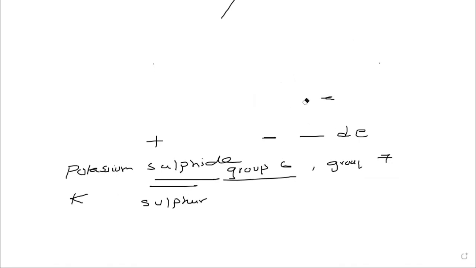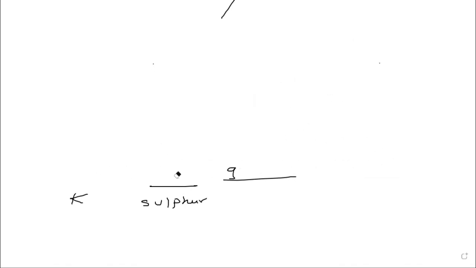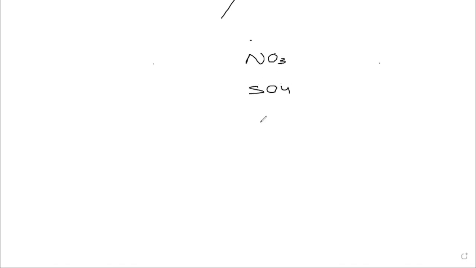But sometimes in the chemical formula, there are radicals. When they come at the end of the formula, their name will end in ATE: nitrate, sulfate, carbonate, phosphate. So sodium nitrate.